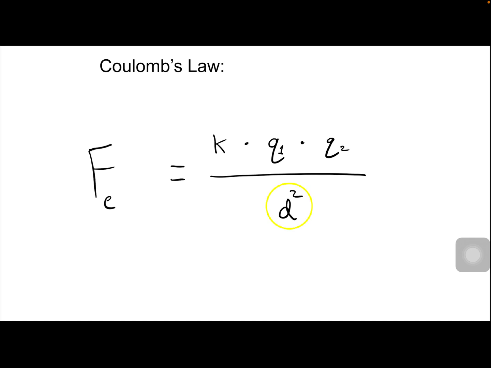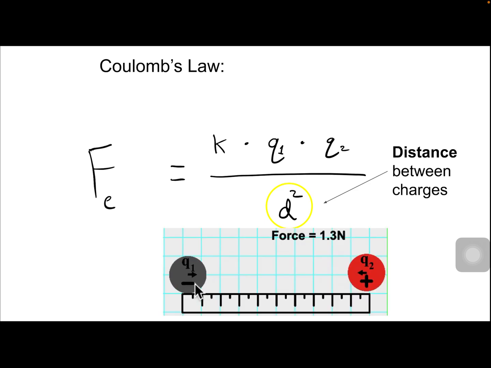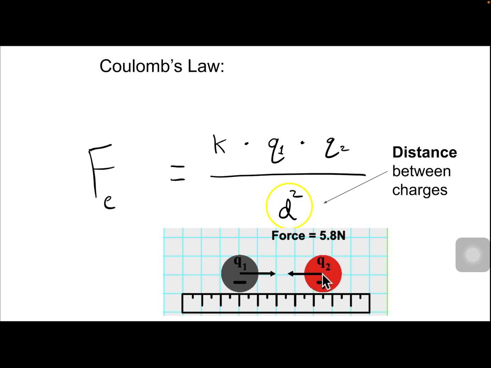The other thing we've got to deal with in Coulomb's law is this denominator here. This letter d stands for distance. Just how far apart are the charges from each other? Let's take a look at this little animation. If you bring charges close to each other, decrease the distance, look at that force. It goes up. It increases.